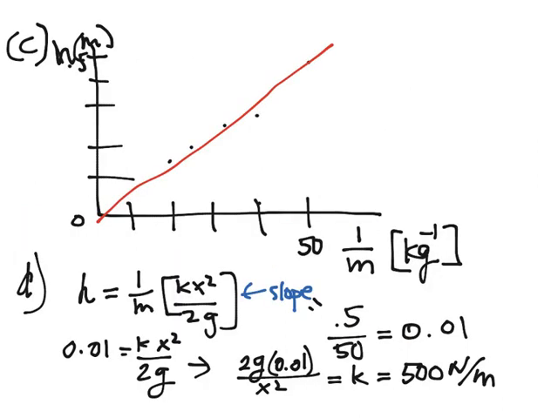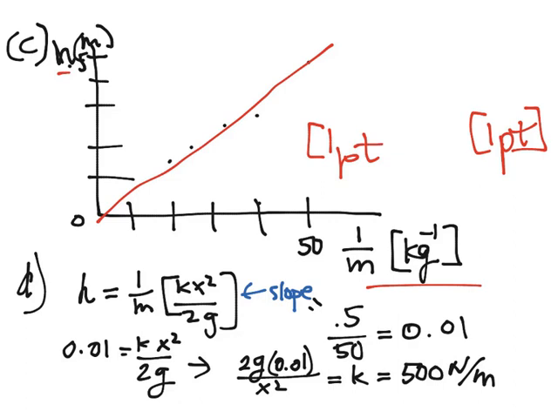In part C, if you graphed using the correct axes, give yourself 1 point, and if you labeled your axes and put the dots in the right place, one more point. In part D, if you realized you had to calculate a slope and used rise over run, give yourself 1 point.